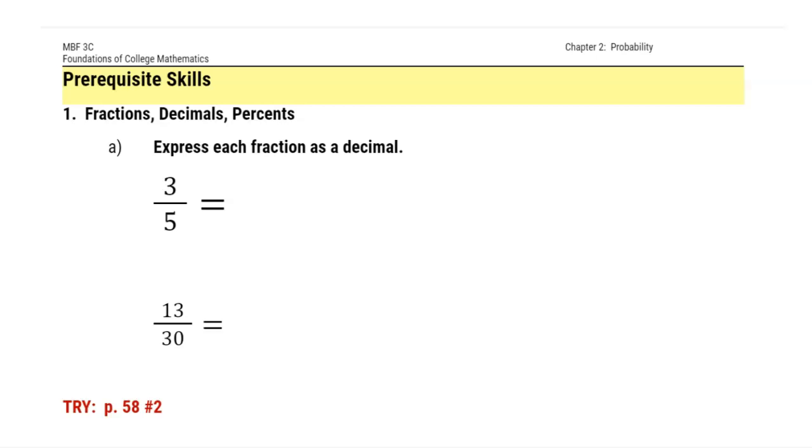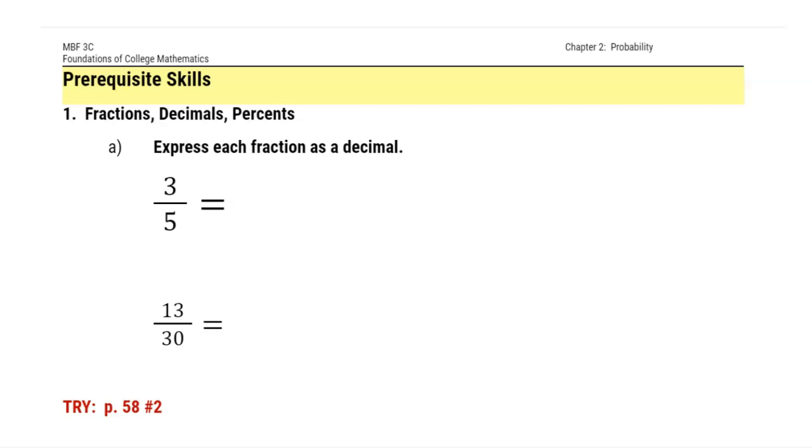One of the skills that you're going to need is the ability to convert a fraction into a decimal. One way that I like to think about fractions is that when I say 3 out of 5, that really means 3 divided by 5. I'm going to write that out.